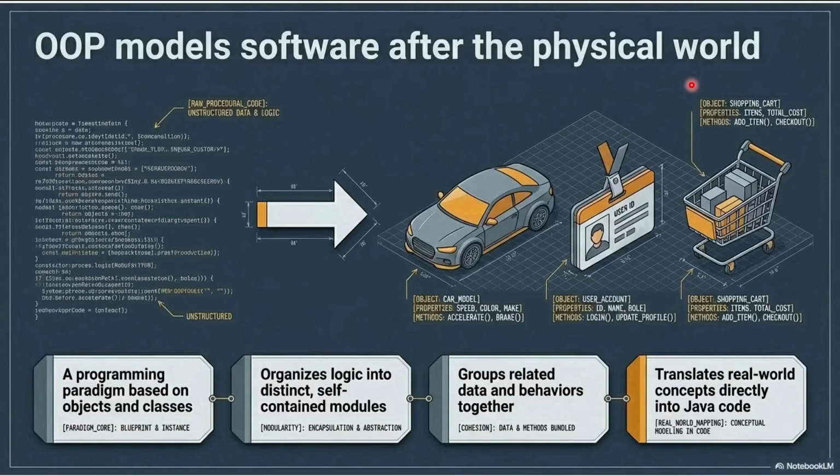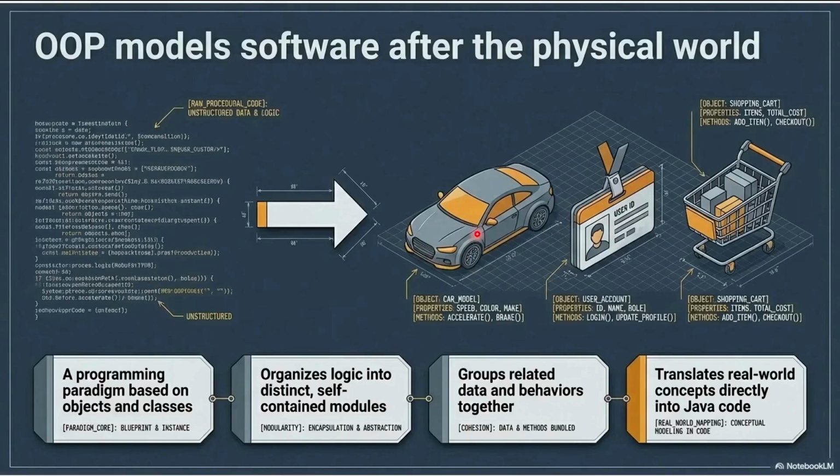Now if you're a beginner learning OOPS, I'll be using certain terms that you will not understand right away, but as we progress, you're going to understand the meaning of the words I'm trying to say. OOPS is a programming paradigm based on objects and classes, and that is the strength of OOPS, that we can actually model everything.